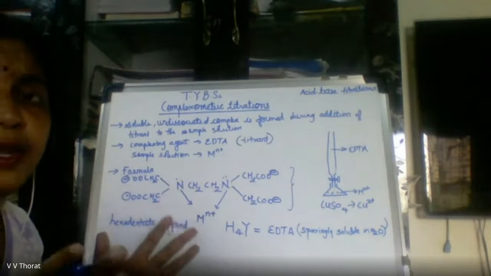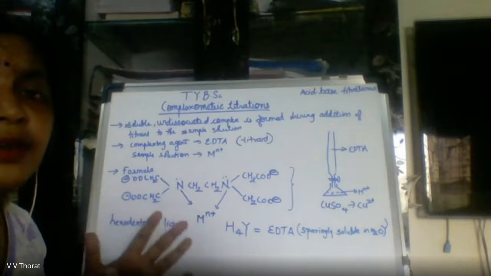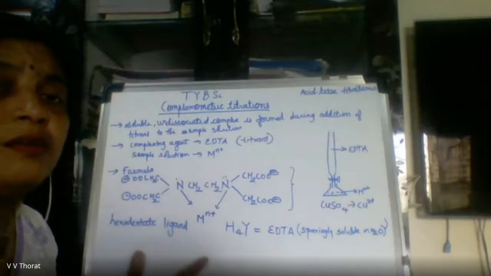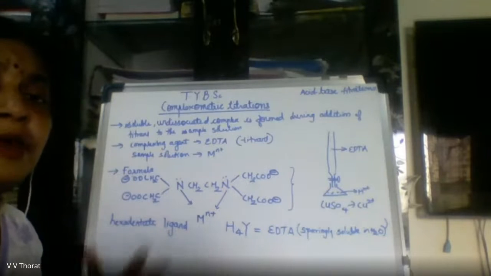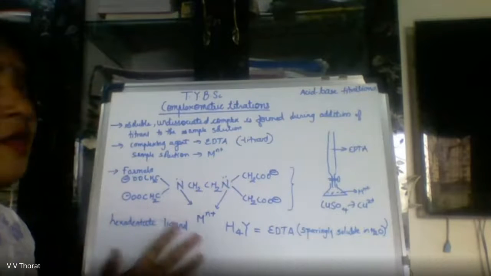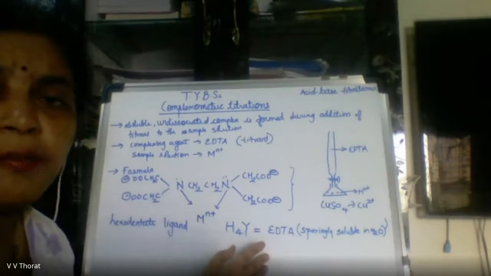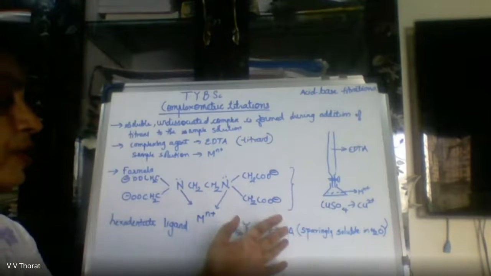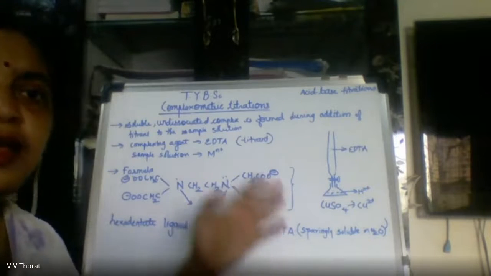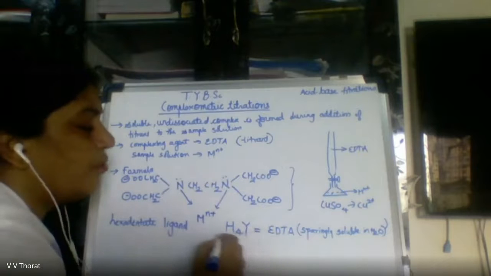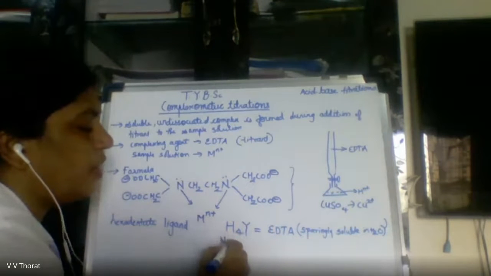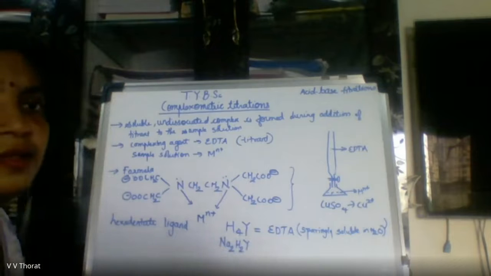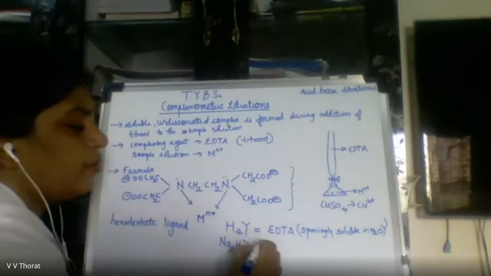Now, let me tell you, for titrimetry, any titration solution should be transparent. It can be colored, yellow or purple, but it should be transparent. But EDTA is not properly soluble in water. It is sparingly soluble. So instead of EDTA, we take the sodium salt of EDTA, Na2H2Y. Okay, so what is Na2H2Y?